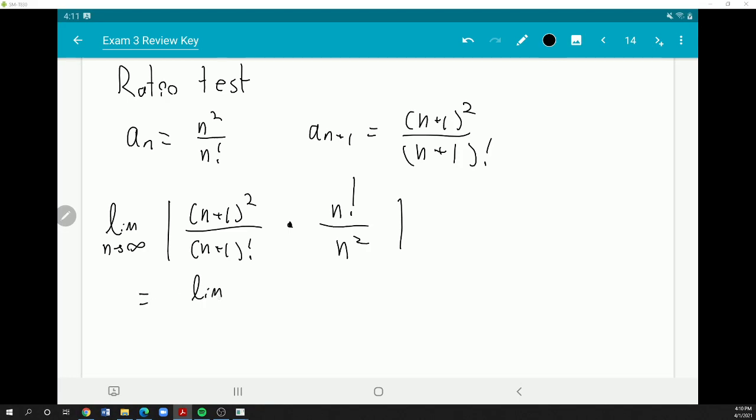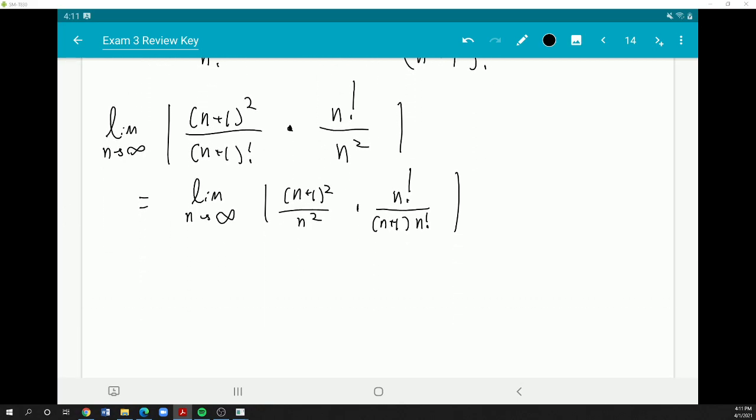This is the limit as n goes to infinity of n plus 1 squared over n squared times n factorial, and then here's this trick we've done a lot. n plus 1 factorial is the same thing as n plus 1 times n factorial.